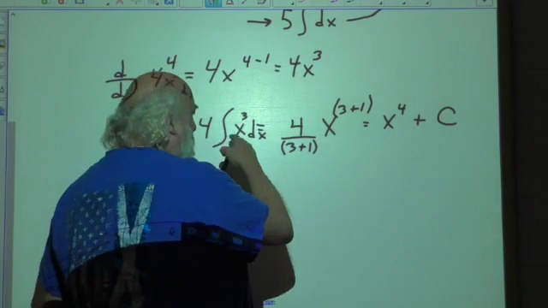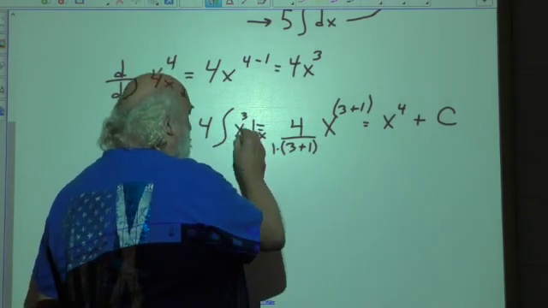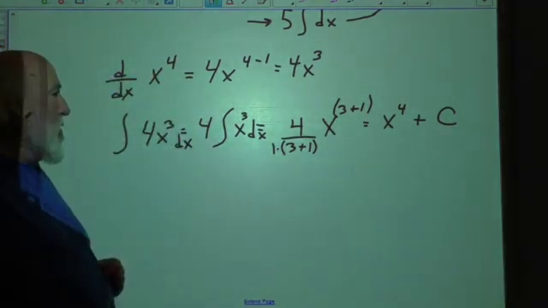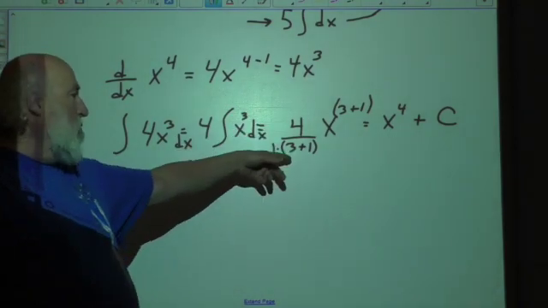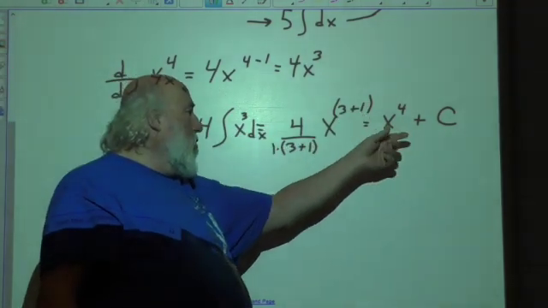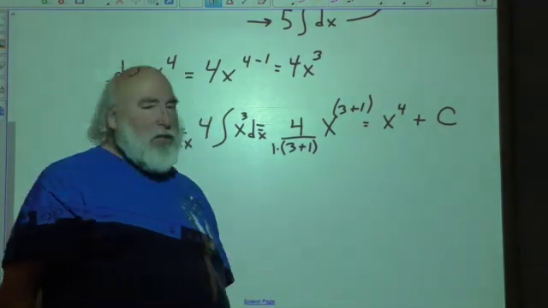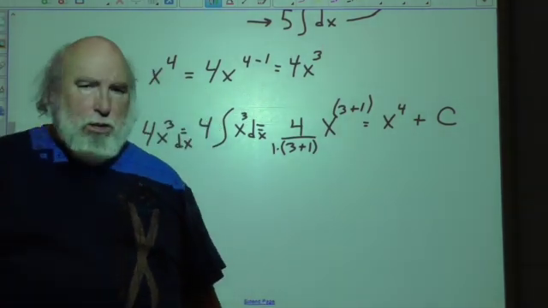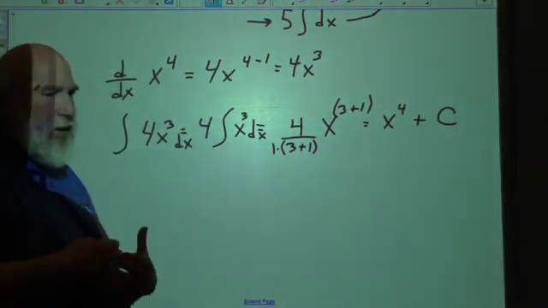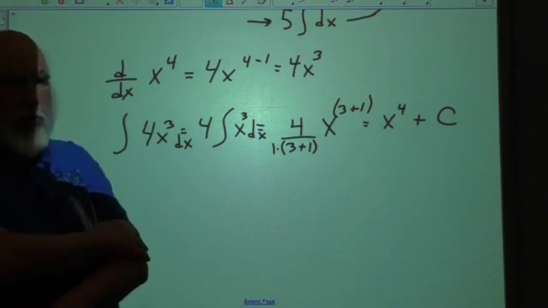It's going to be 3 plus 1 times the 1 denominator we have right here. And so that gives us 4. 4 divided by 4 is 1. 3 plus 1 is 4. So the answer is x to the 4th plus c. Okay, so it's a backwards manipulation like algebra.